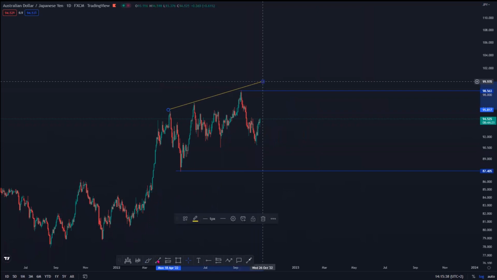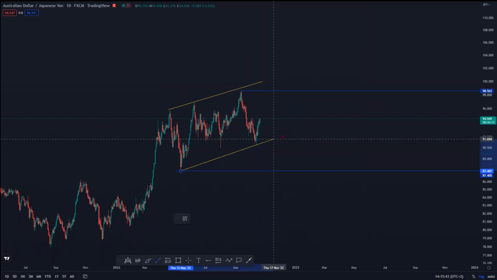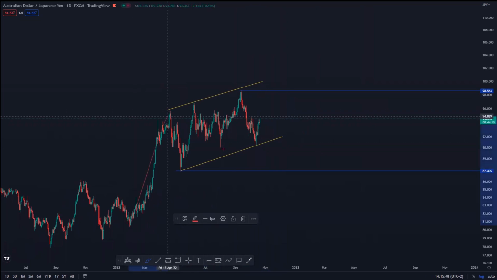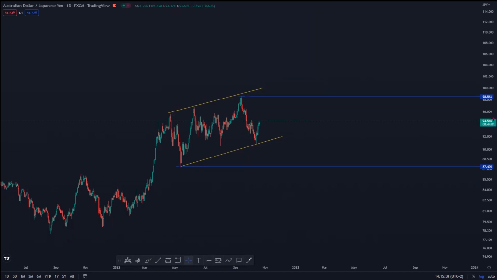This is a bullish continuation pattern: impulse, correction, and impulse to the upside.